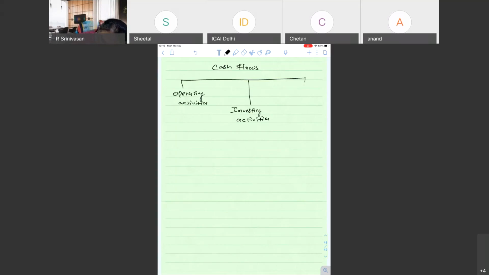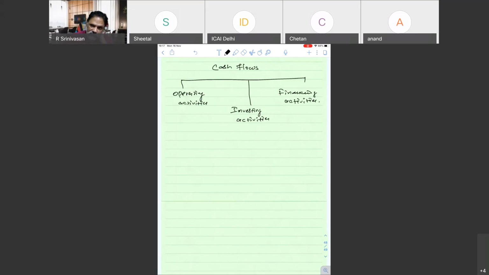And third one is financing activities. These are the 3 activities. So operating activities, cash generated through regular business operation, that we will be considering in the operating activities.